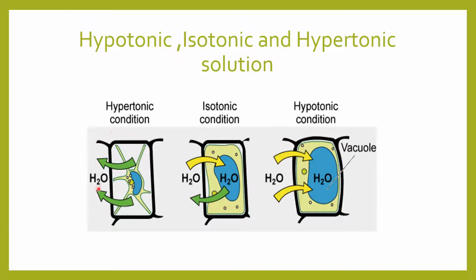Hypertonic solution is a solution where the solute, let's take the solute here as salt, so salt molecules are more as compared to the water molecules. So this type of solution, where the solute, for example salt, molecules are more as compared to the water molecules, right? So the concentration of water inside the cell definitely will be more.